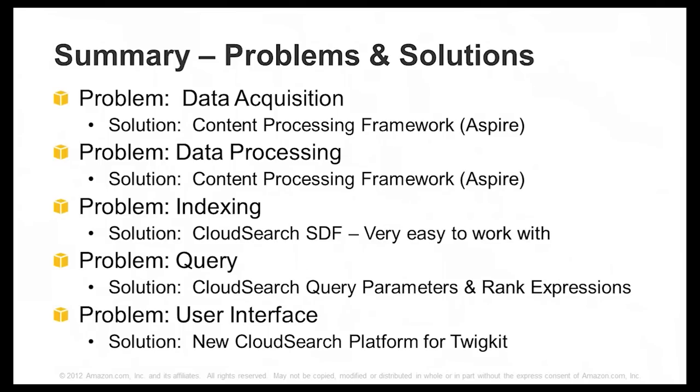And that's it. So let's just do a quick summary. These are the typical stages of a search engine implementation. Data acquisition. You can use a variety of different techniques. We used our own framework called Aspire. Data processing. Again, a variety of scripting techniques are possible there. Again, we used our own framework called Aspire. Indexing. Again, very straightforward.